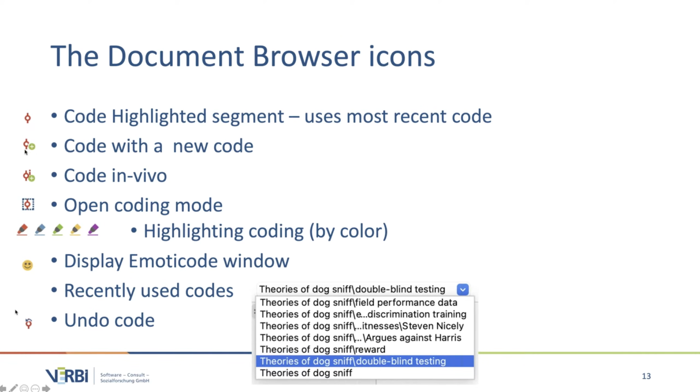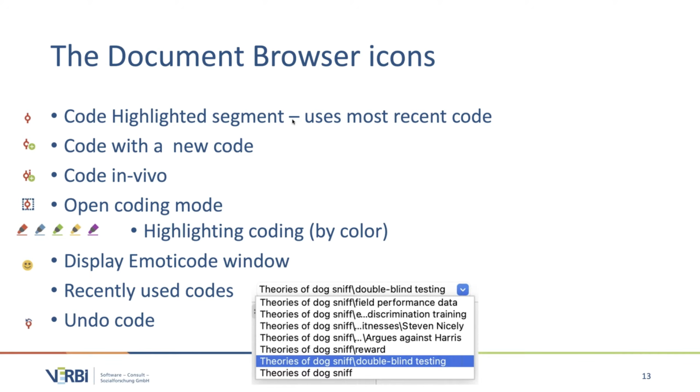There are several icons here that are tied to coding, and this is a coding symbol in MAXQDA. The first one is to code the highlighted segment, and if you click on that, whatever code you most recently added or used, it will add that to an existing segment of a document.